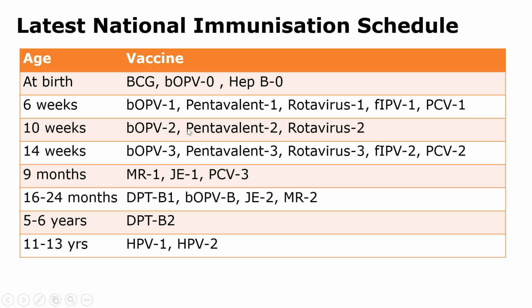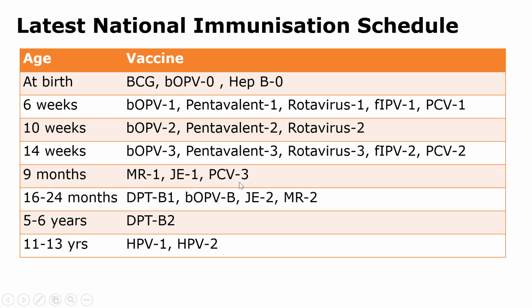At 10 weeks, we have bivalent OPV 2, pentavalent 2, and rotavirus 2. The fractional IPV is actually given at 6 weeks and 14 weeks. Same is true for the pneumococcal conjugate vaccine. As per the national immunization schedule, it is given at 6 weeks and 14 weeks, okay?